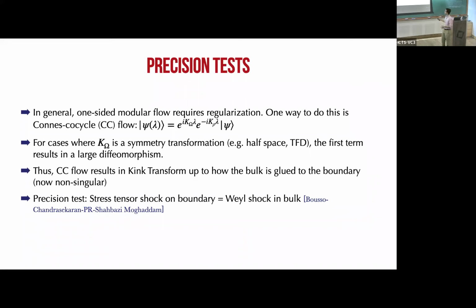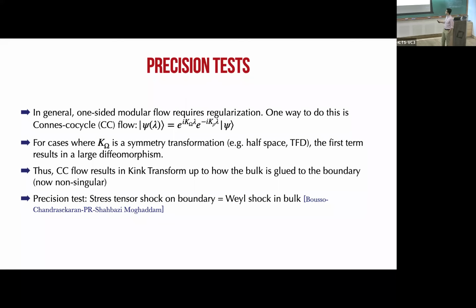So essentially, the cocycle flowed state is related to the modular flowed state by just some singular diffeomorphism. And now this is a smooth state, smooth up to some delta function shocks on the light cones.